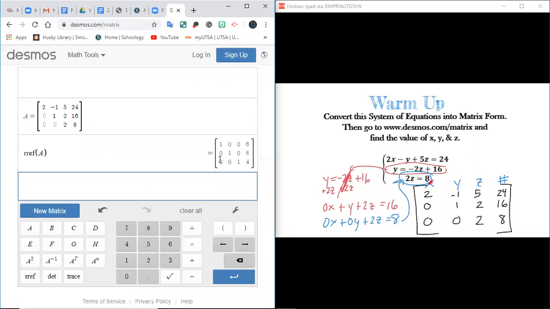What goes in the first column? X. The letter X, right? The X we said was always going to go first. So when you see your matrix with a 1 here, we know that the 1 represents an X. X equals 6.